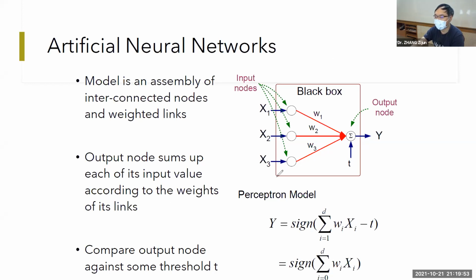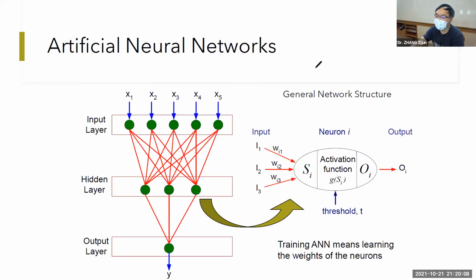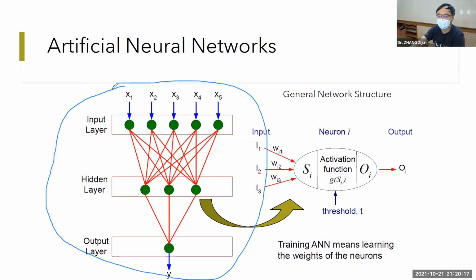So this is a simple perceptron model, 2 layers, 1 input layer and 1 output layer, or sometimes we call it single layer perceptron. And the usual ANN, artificial neural networks we refer to, is a network of such kind of structure: 1 input layer, 1 hidden layer, and 1 output layer, 3 layers.